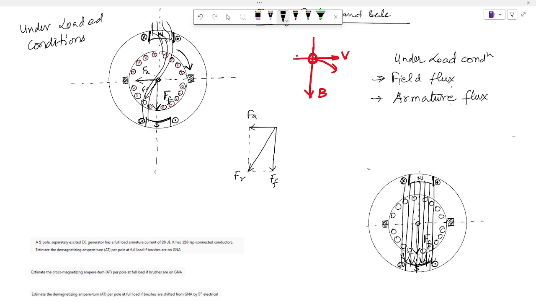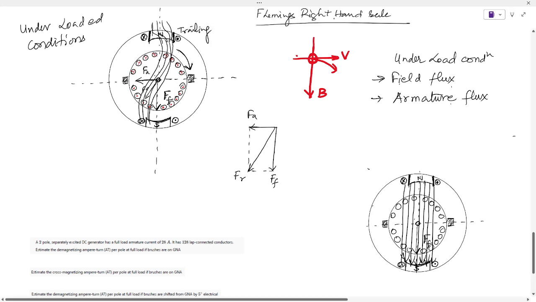This will cause concentration of flux on the trailing pole tip, since this is a generator.